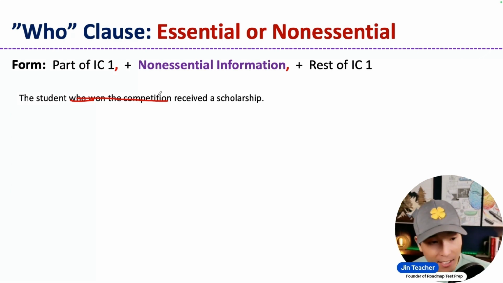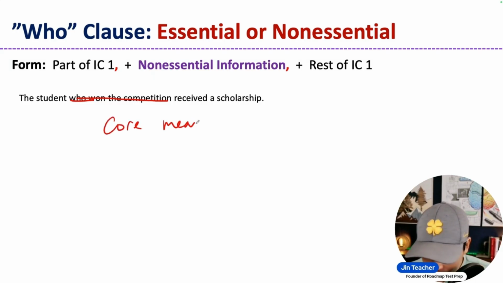We can test it out. It says the student received a scholarship. You're like, oh yeah, well that's grammatically correct. So that part of it's okay, but does the core meaning change? Does the core meaning of the sentence change? Well, we would say absolutely it does, right?